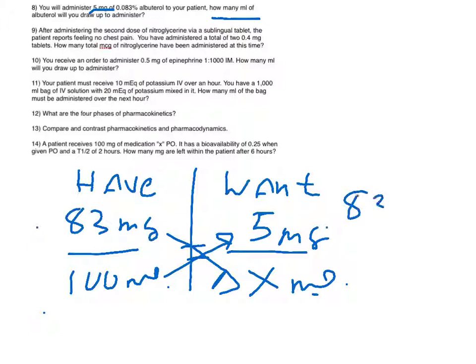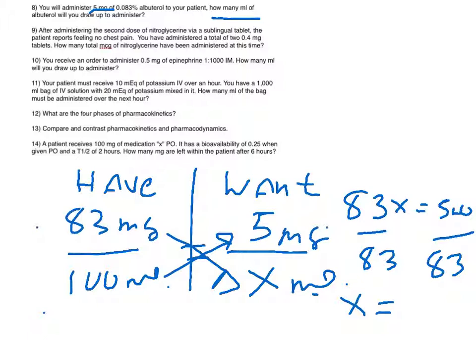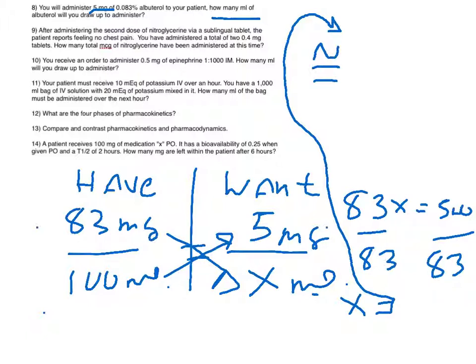83x equals 500. Divide both sides by 83, and X is going to be approximately equal to 6 milliliters.